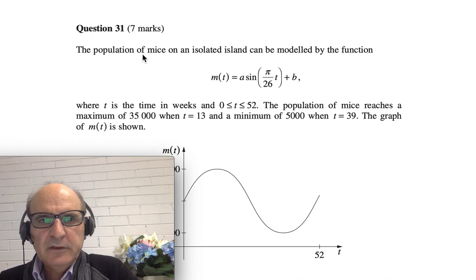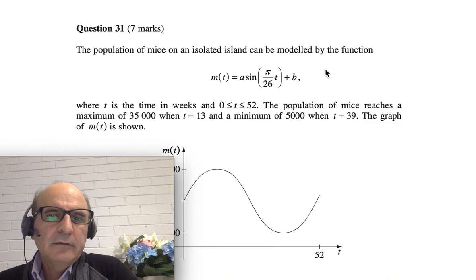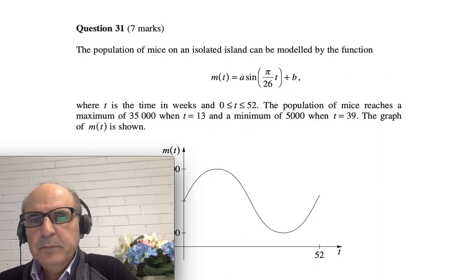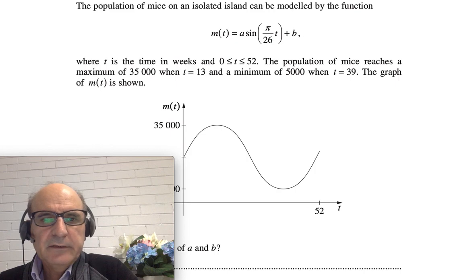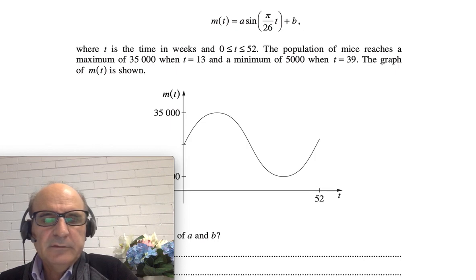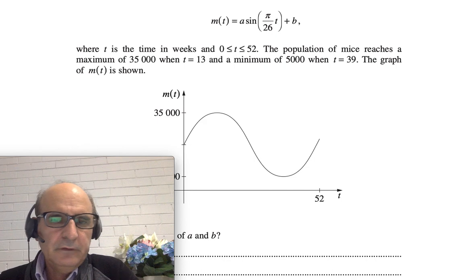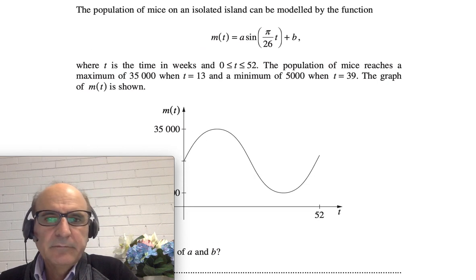The population of mice on an isolated island can be modeled by the function m of t equal to A sine bracket pi on 26 t close bracket plus B, where t is the time in weeks and the time is between 0 and 52, so that is in a year.